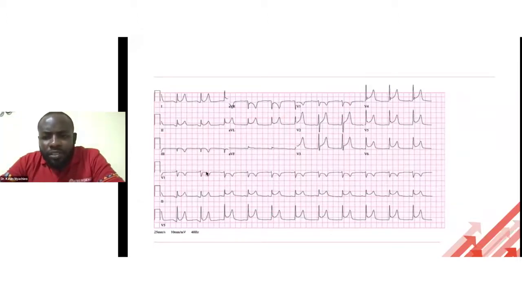You have reciprocal changes again, reciprocal ST depressions and PR elevations, but significantly widespread ST elevations and PR depressions in most of the leads. 2, 3, you can see in aVL, you can see in aVF as well, all through the precordial leads, V2, V3, V4, V5, V6, and the history. Okay, I think this was rather obvious. This is acute pericarditis, another STEMI mimic.